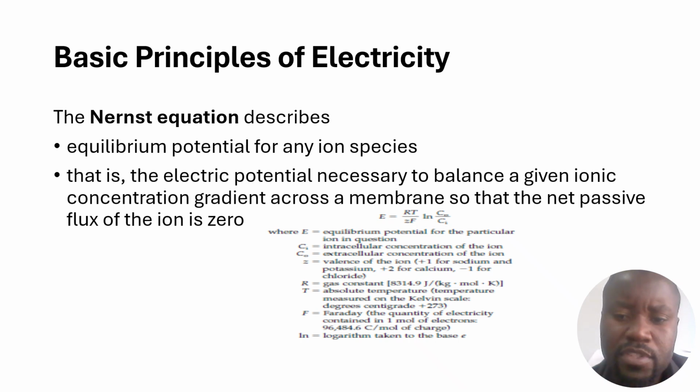Where these forces balance, the movement as a result of charge difference and the movement as a result of concentration difference, that is called the electrical equilibrium. And we have an equation devised by Nernst that can be used to calculate the equilibrium potential for each of the ions.